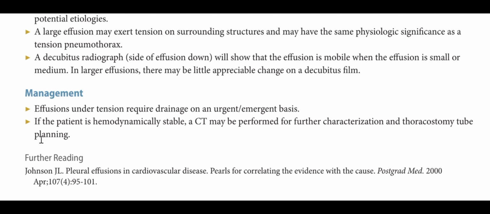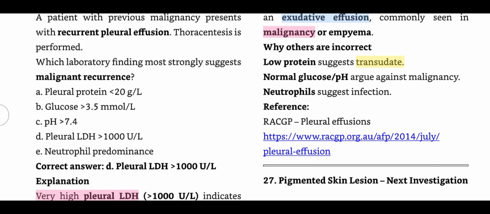The mainstay treatment here is thoracostomy or chest tube insertion for drainage of this effusion under tension.